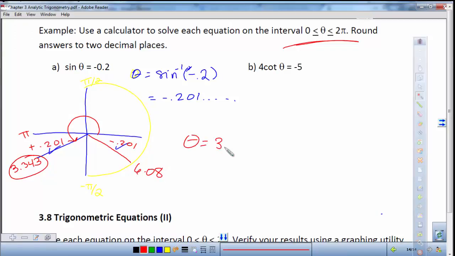Theta equals 3.343 and 6.08. Okay, questions about this?